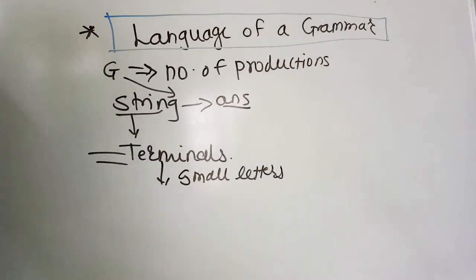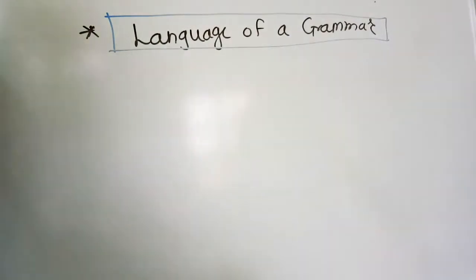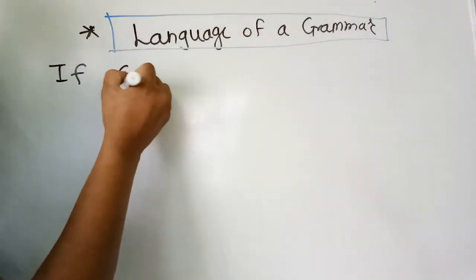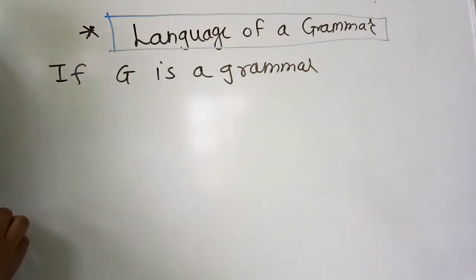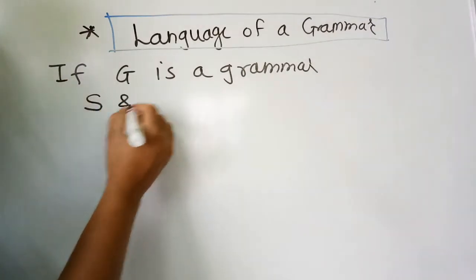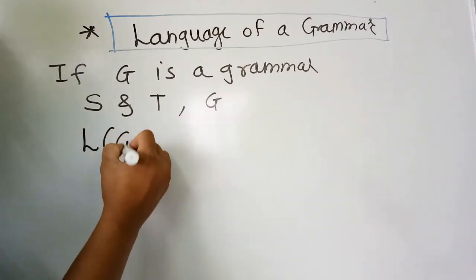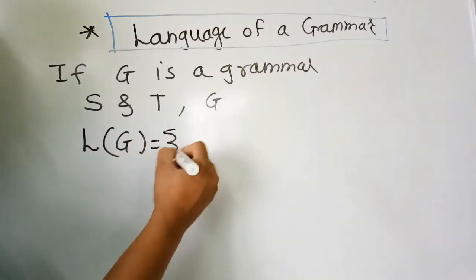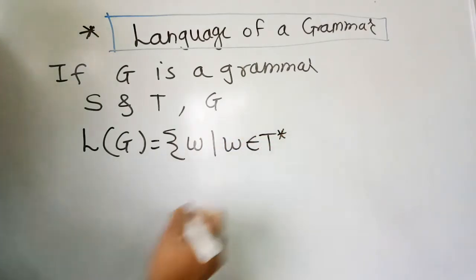In specific defining terms, we will see it again: if G is a grammar, then it has some start symbol, that is S, and a set of terminals, that is T. The language of G is nothing but the different words generated by a particular grammar, and those words are a collection of terminals.